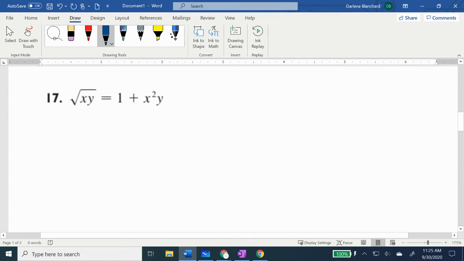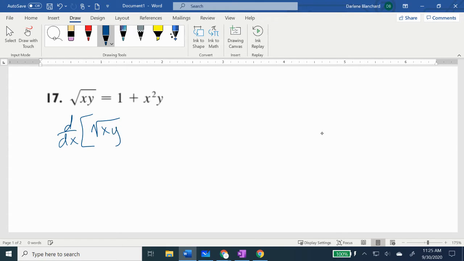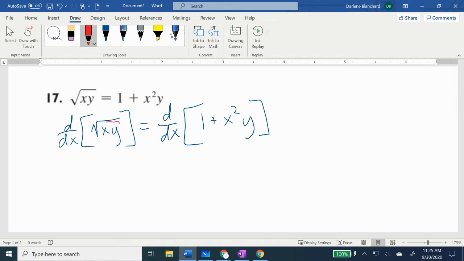Okay. I need to take d/dx of both sides of the equation. For the left side, I want to see that I have the square root of blah. I have a function inside of the square root.